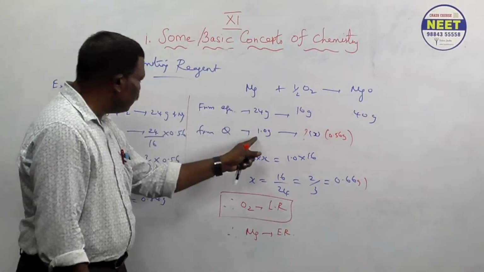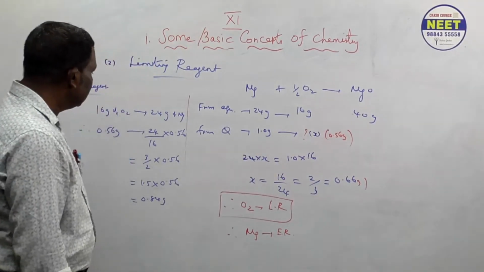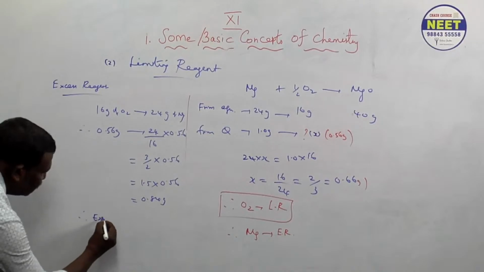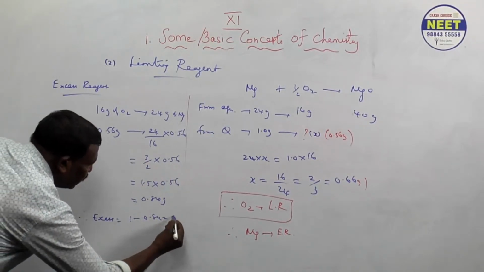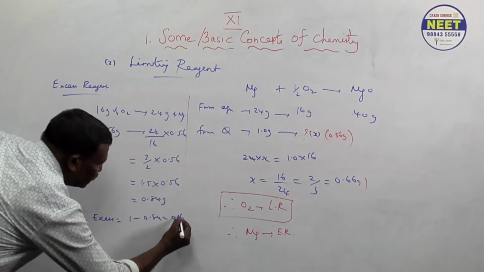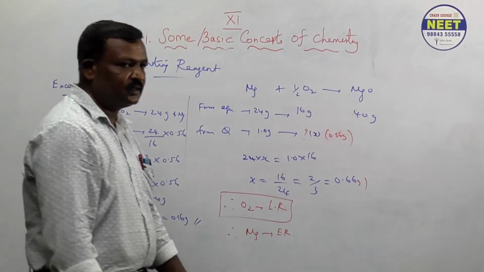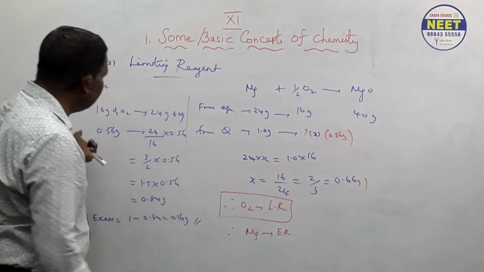The question itself gives 1.0 gram, so excess means 1 minus 0.84, which is 0.16. That's the answer. Excess reagent we studied before, but how much excess, this is the way to find out.